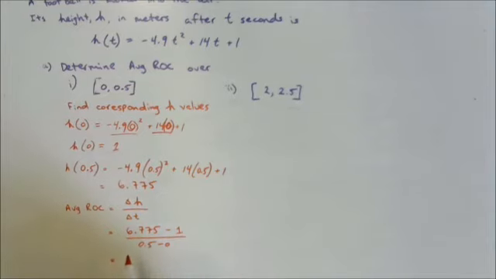All right, so we have 5.775 over 0.5, which basically means 5.775 times 2, which your calculator can do: 11.55.